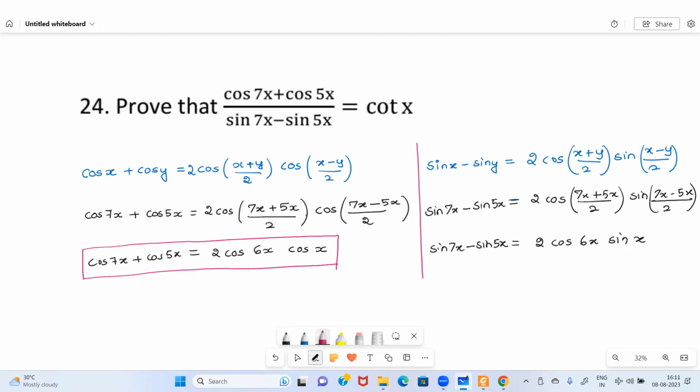Clear, students? So we got the denominator. That's all, students. We are almost there.